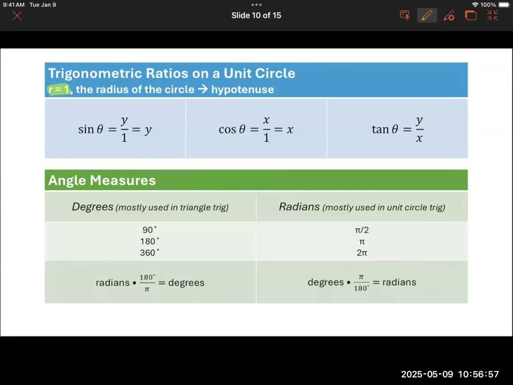Degrees are mostly used when you're working within a triangle. Radians are more commonly used when you're working within a unit circle. And you can always convert back and forth. You can take a radian measure times 180 over pi and get the degree measure. Or you can take the degree measure times pi over 180 to get the radian measure. But for the rest of this lesson, we will be working mostly with radians.